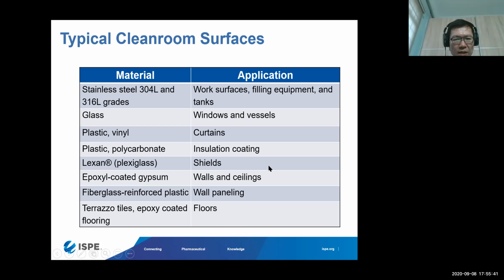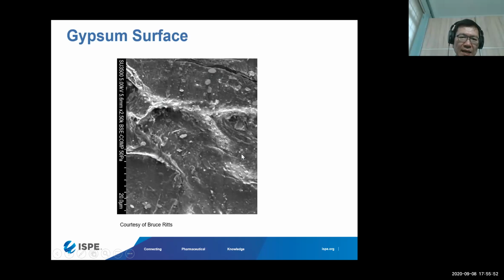So you need to include the representative materials in the coupon studies. Of course, sometimes it's not possible to include every material. You will need to perform some kind of risk assessment because, for example, although a surface can look smooth, so this is a gypsum surface, if you look under the scanning electron microscope, you can see that the surface actually has different topography, with valleys and ups and downs.